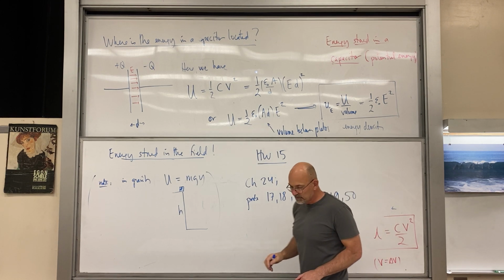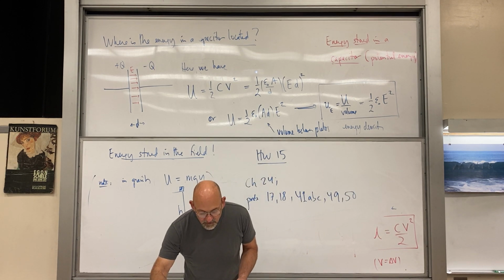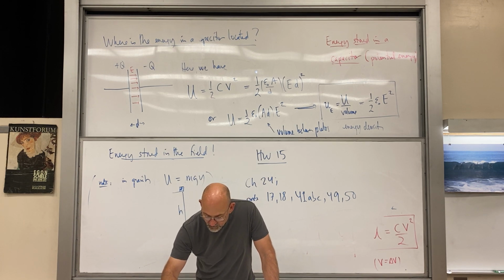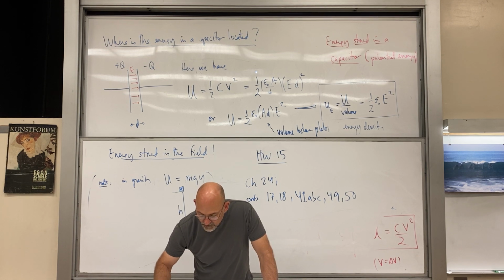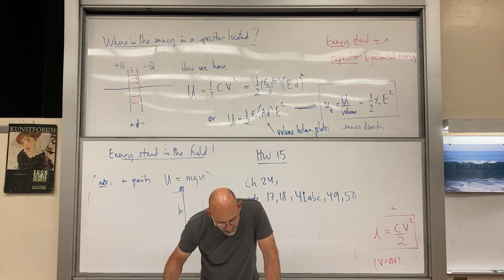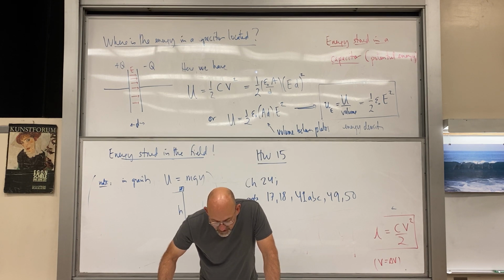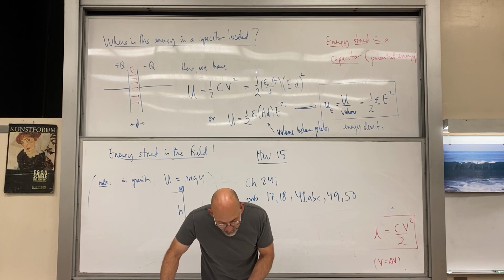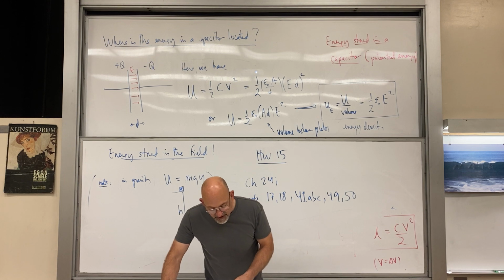Let me see what was going on with these. Okay, 17 and 18. 17 is just using the definition, solving for some unknown. 18 is kind of interesting.